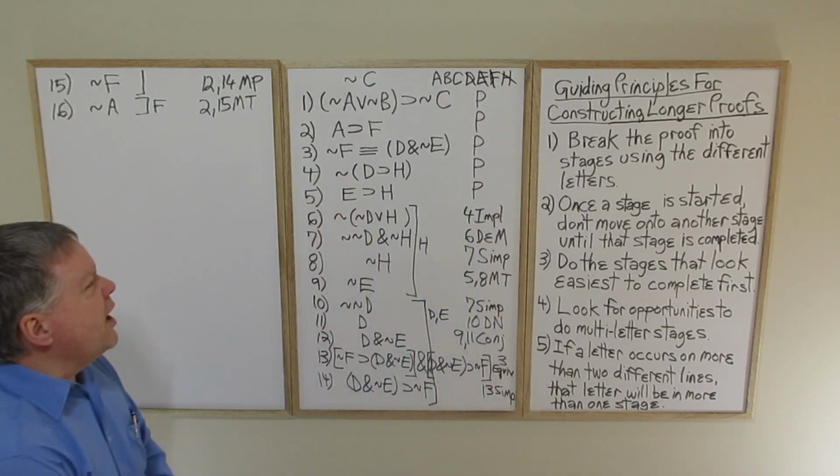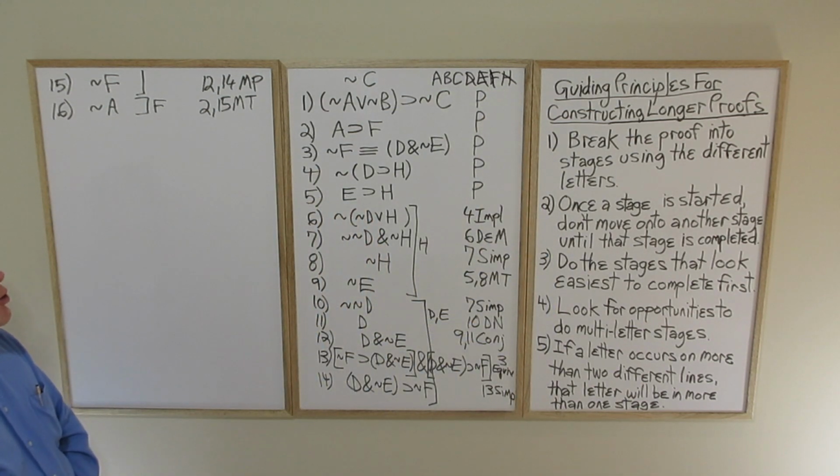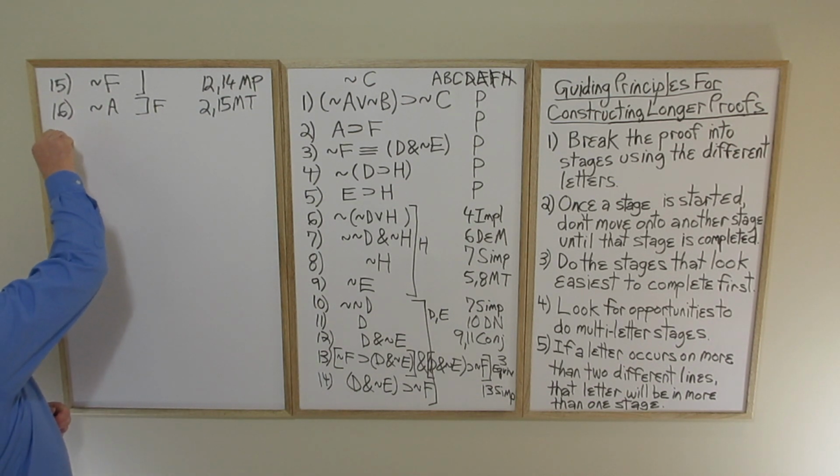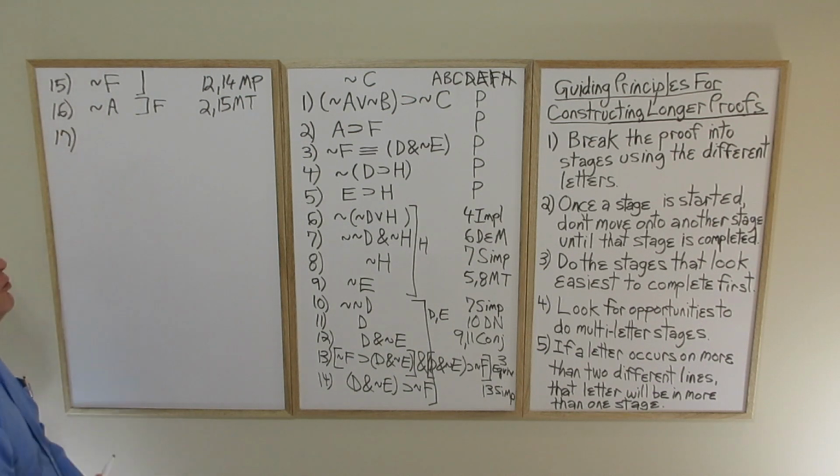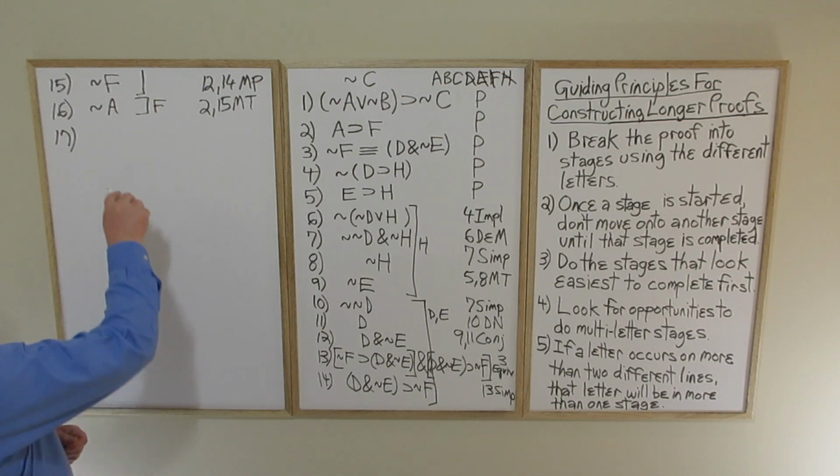So now all we have to do is make use of or get rid of the A and B related information in order to derive C related information. Here, we need to use addition to introduce new B related information into the proof so that we can then make use of it and get rid of it.